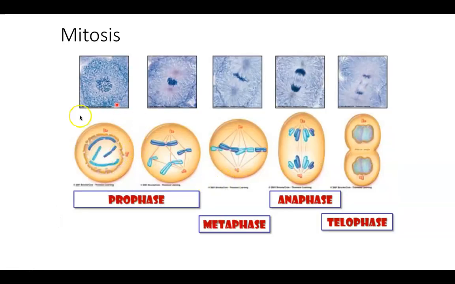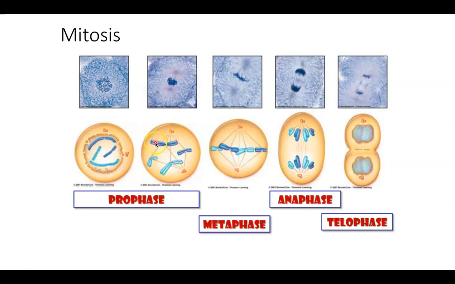So again, this is an image depicting what we just covered. Our prophase has both prophase here and prometaphase. You can see in prophase, the nuclear envelope starts to dissolve, your chromosomes start to become condensed, you start to see microtubules forming. In prometaphase, the nuclear envelope is completely gone.